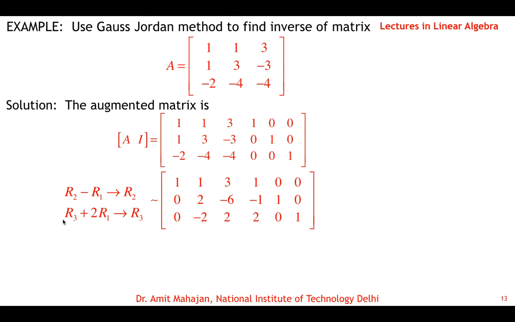Row 3 plus 2 times row 1 impacts row 3, so minus 2 plus 2 is 0, minus 4 plus 2 is minus 2, minus 4 plus 6 is 2, and 0 plus 2 is 2, and 0, 1.